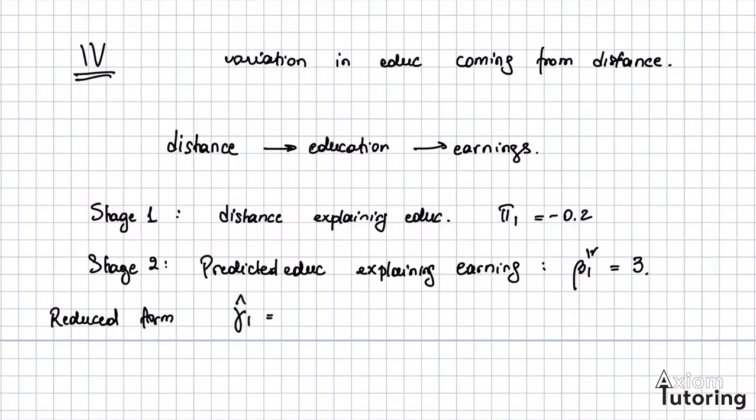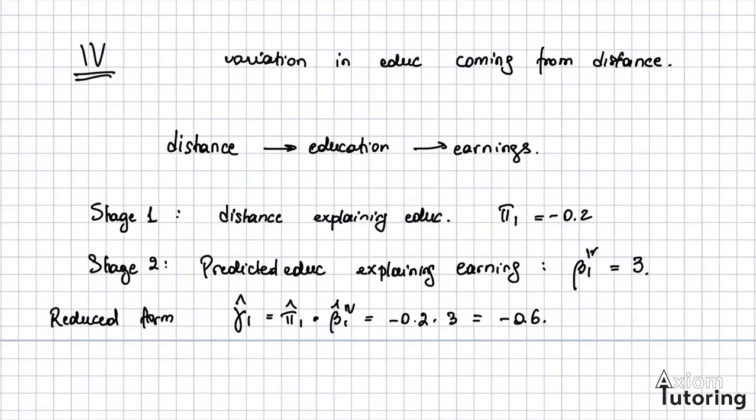So sigma 1 hat is your pi 1 hat times your beta 1 hat IV, which would have been minus 0.2 times 3, minus 0.6, okay? And always try to verify this identity, because if this is not correct in your own calculations, it means that something has gone wrong, okay?